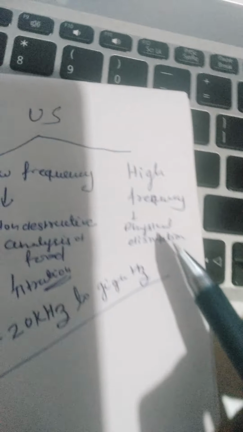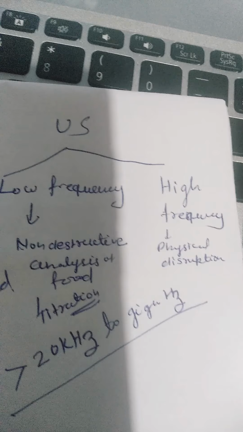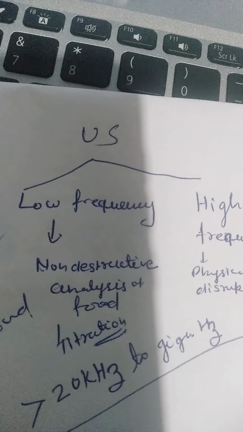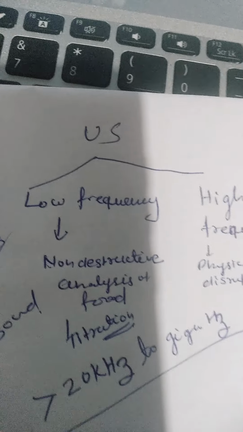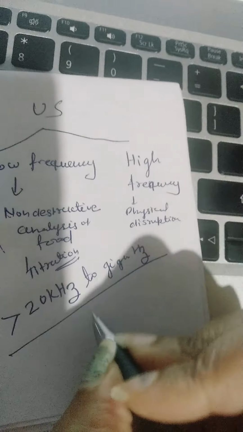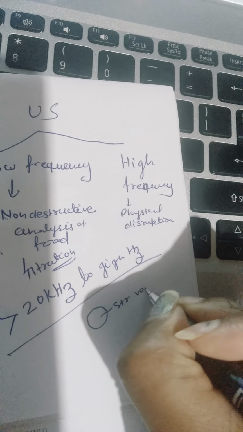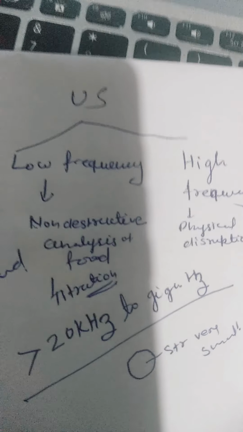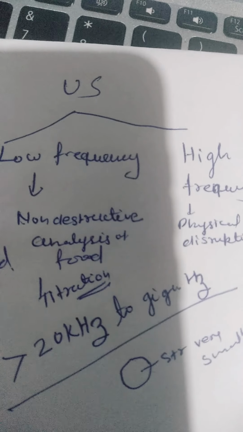Like that, with high frequency we make physical disruption, some poration, and change the structure of the food, through which we can increase the drying rate. We can also kill microorganisms. Microorganism structures are very small, we cannot see them, but by applying ultrasound, microorganisms can easily be disturbed and their DNA and RNA can be changed.